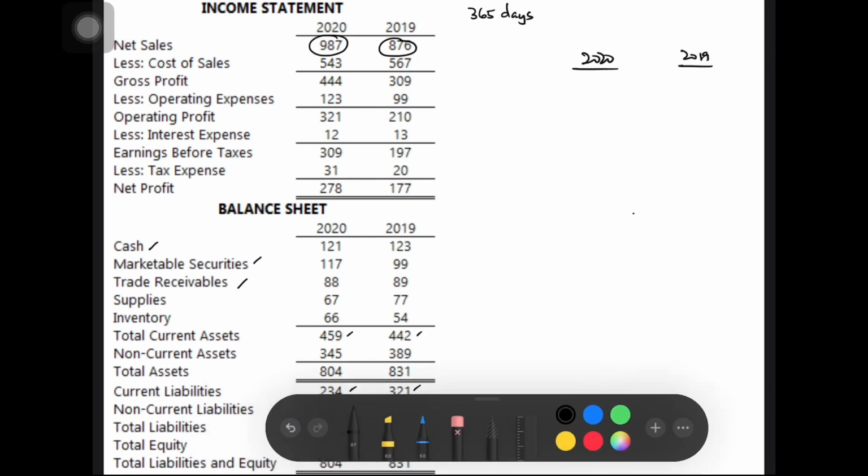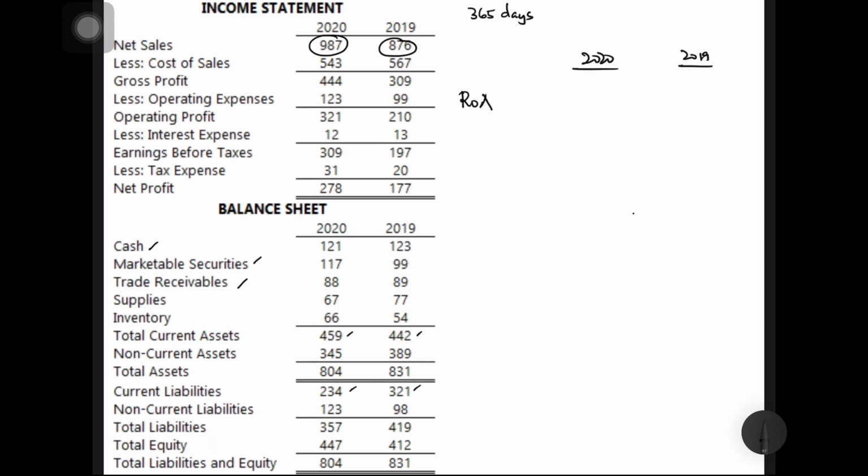How about if you are tasked to compute return on assets? This is net profit divided by assets. Since you have an income statement and balance sheet, this is average total assets. So get your net profit, 278, all over your average total assets. So in 2020, you have prior year, so you do averaging. Get your total this year plus total last year divided by 2.